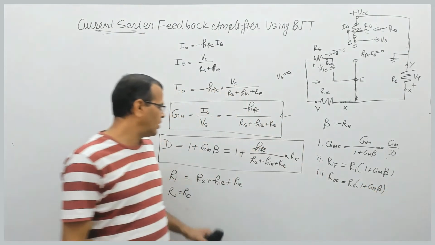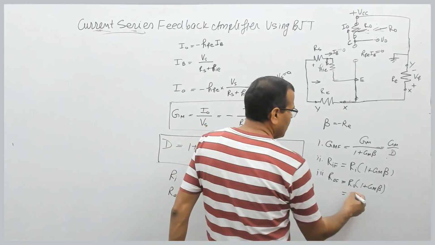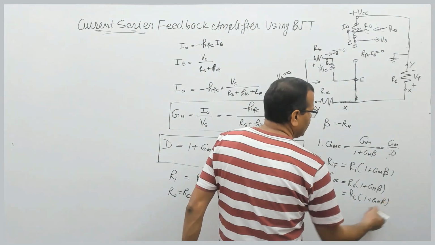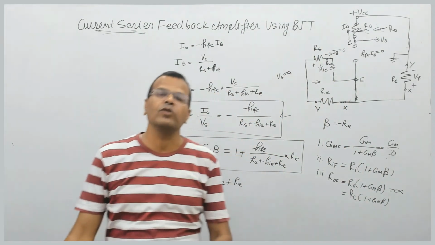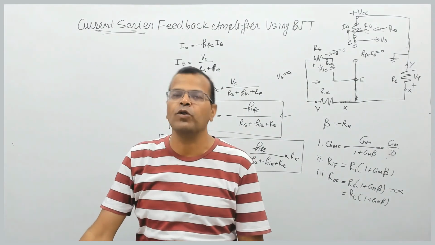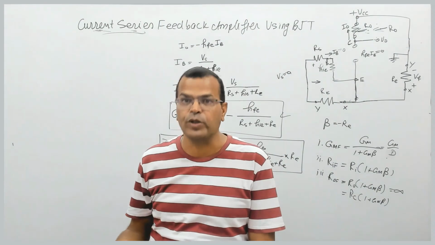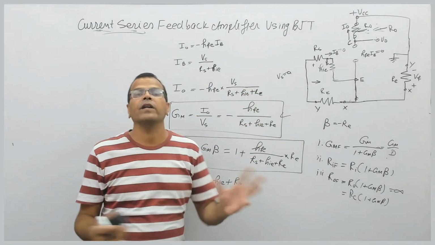And if R0 is infinite, because RC is open circuit, so this is RC into 1 plus Gm into beta if you are considering this, or this can be infinite if you are replacing RC by open circuit. So in some textbooks it may be given to be infinite. In that case, that means RC itself is a load, which is assumed here. So don't get confused.